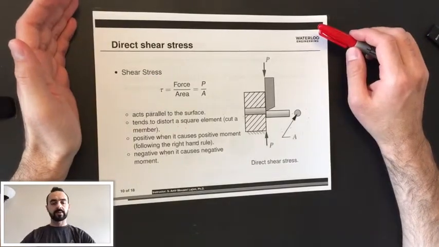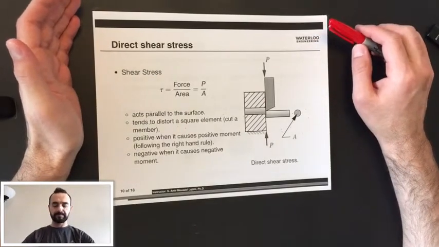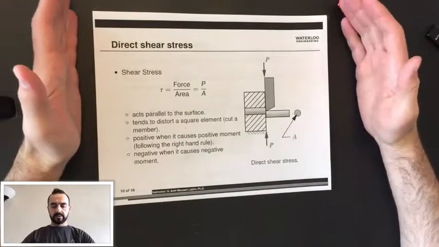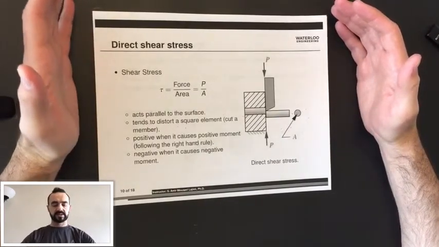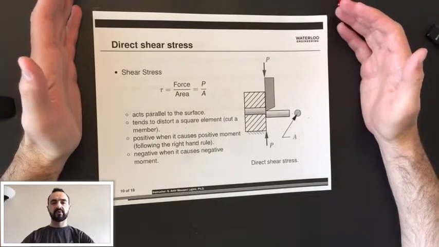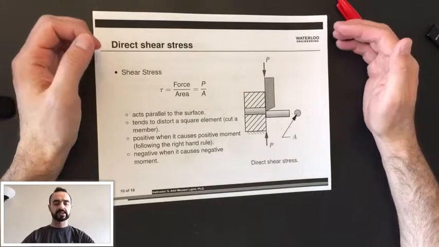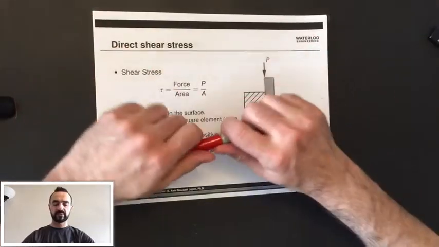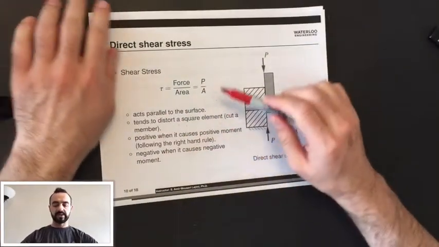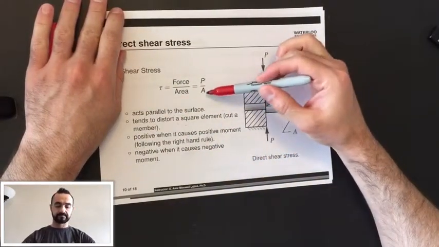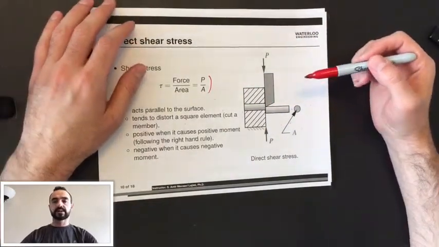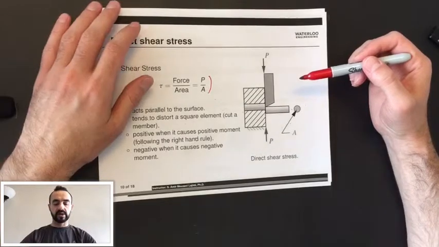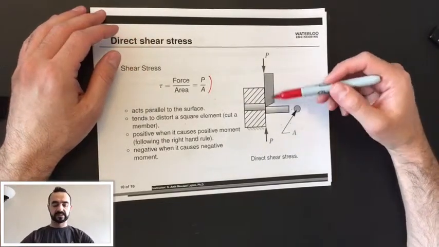Next thing we want to talk about is direct shear. Essentially, the way we define direct shear is the same as we define normal stress. It is force divided by the area. The only difference is the kind of stress we experience in this case.